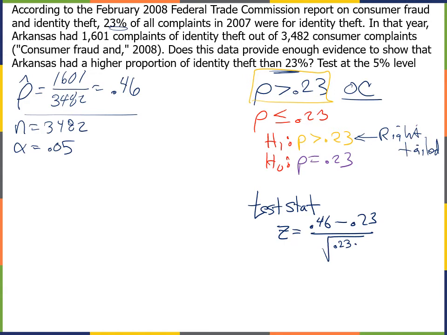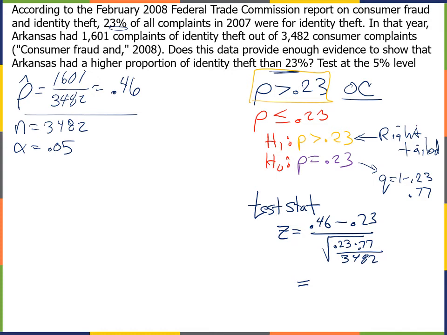If p is 0.23, q is always 1 minus p, so this will be 0.77, over the sample size, which was 3,482. Once we calculate that test statistic, we can decide what method we want to use, whether it's the p-value method or the traditional critical value method.